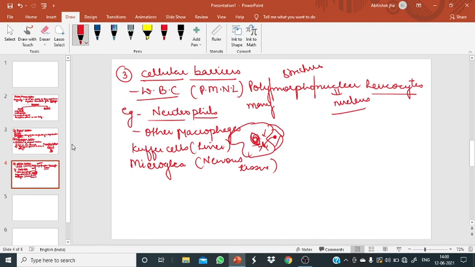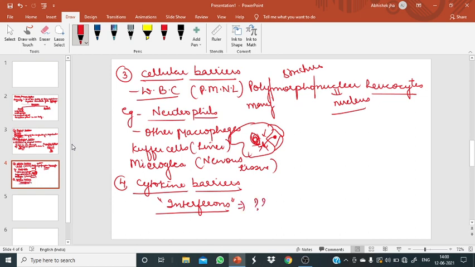Then the fourth and the last type of barrier present in the innate immunity is called cytokine barriers. What are these cytokine barriers? In cytokine barriers, the thing that comes is interferons. Now, what are these interferons?